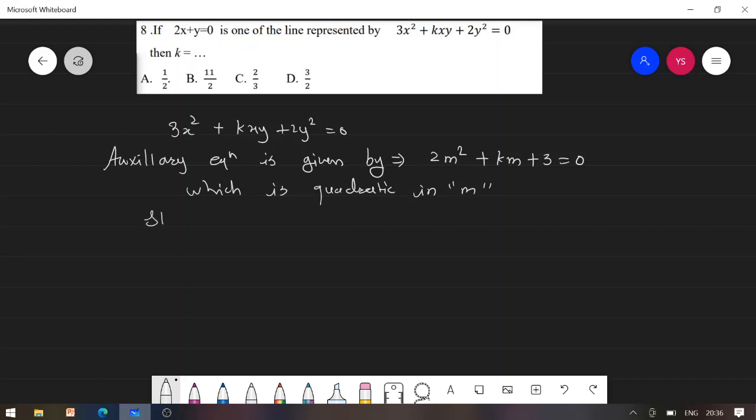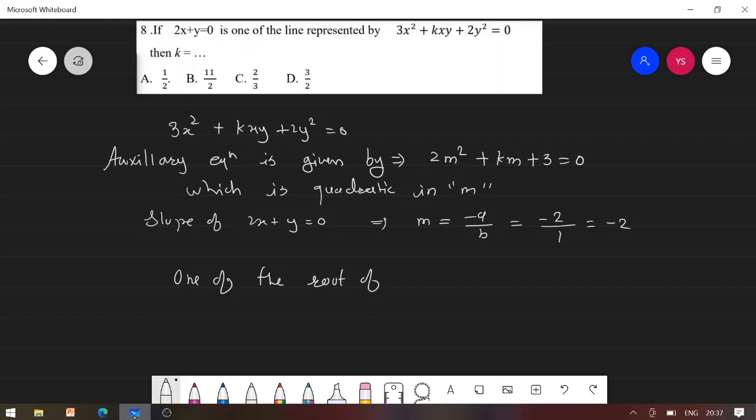So the slope of twice x plus y equals 0 is m equals minus a by b, where a is the coefficient of x, which is 2, and b is the coefficient of y, which is 1. So one of the roots of 2m square plus km plus 3 equals 0 is minus 2.